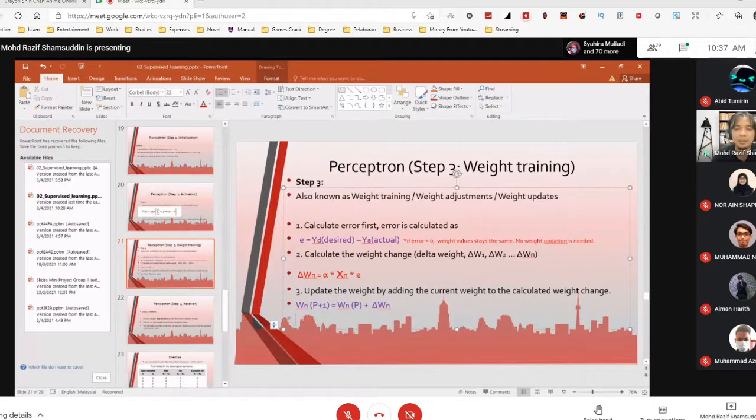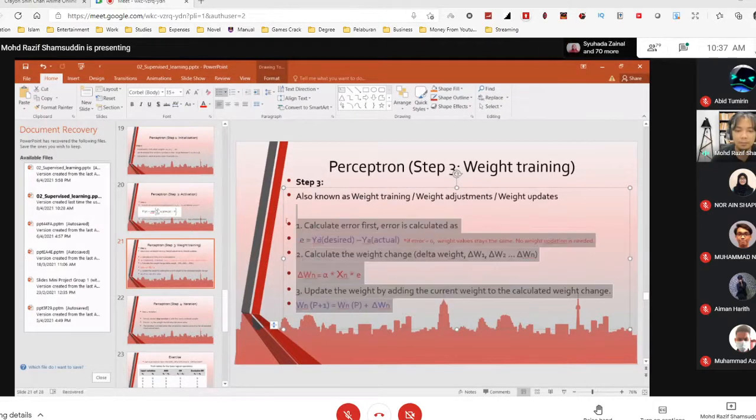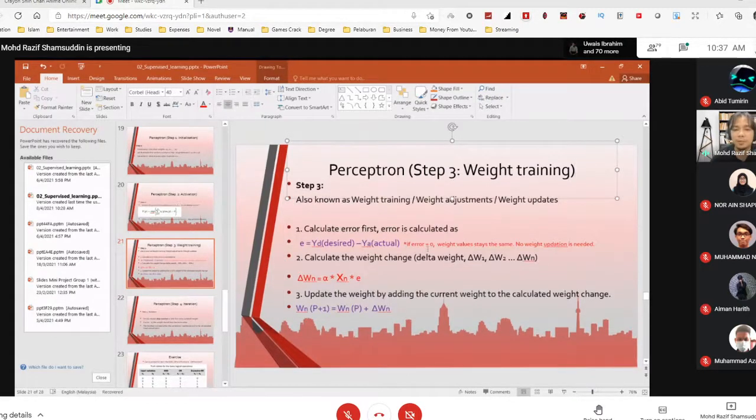So it is broken down further, that's why the steps will be a bit longer. But these 3 small steps are actually one big step called weight training. This is the weight training process.